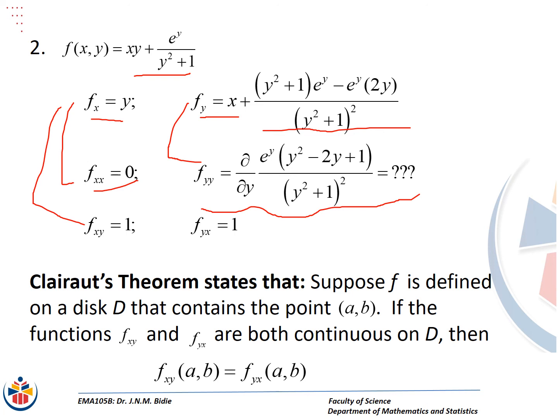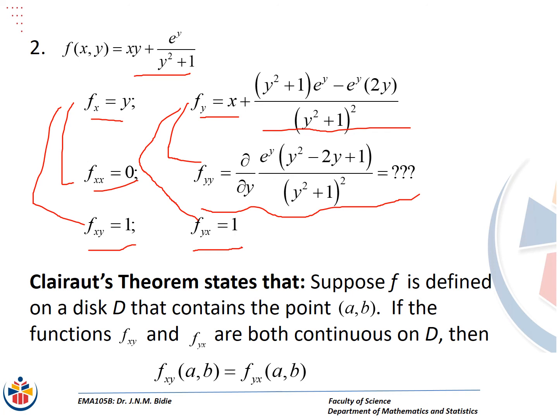And then we move from the first derivative to the mixed derivative where we now differentiate with respect to x, and we see that our answer is just 1. Once again, fxy and fyx give us the same answer.